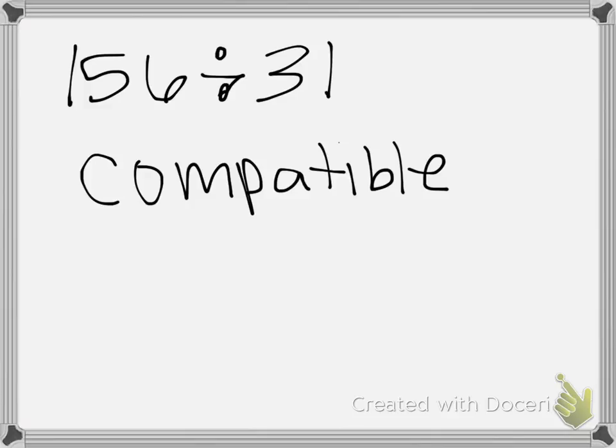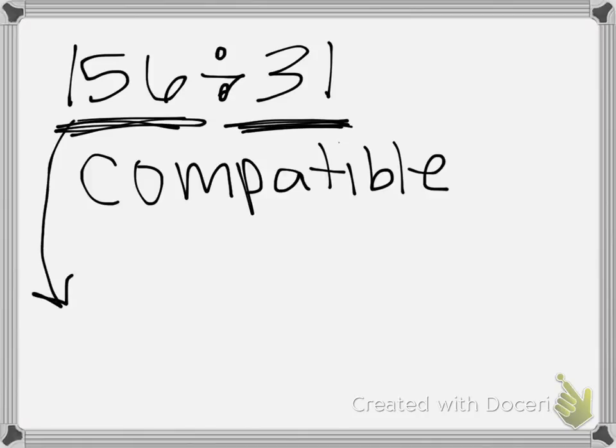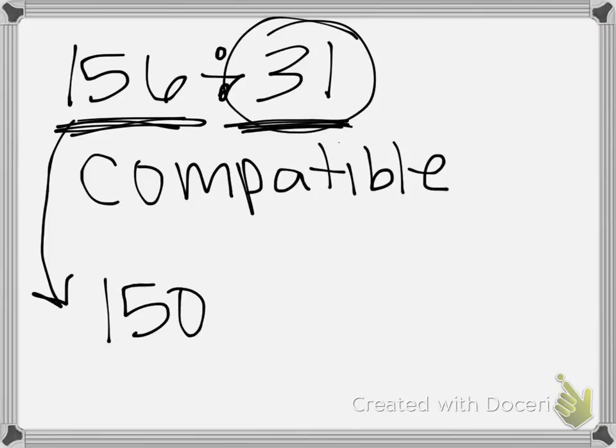So what can we change this 156 into, and what can we change this 31 into to make this problem very easy? Let's change 156 into 150. Let's just try it to see how it works. Well, what could we change our 31 to make it easily go into 150?